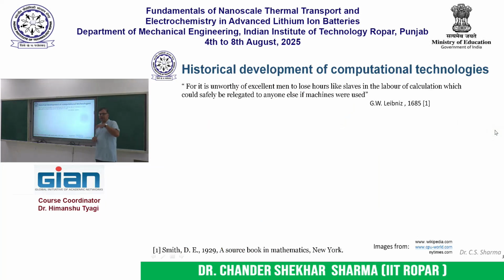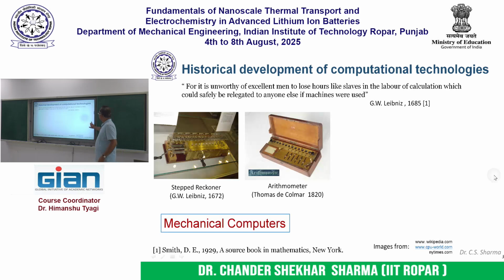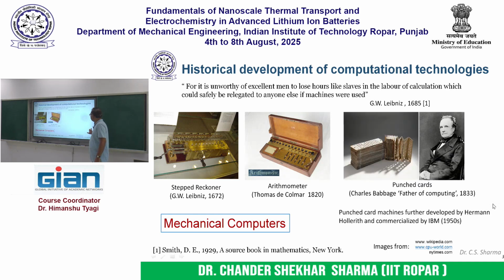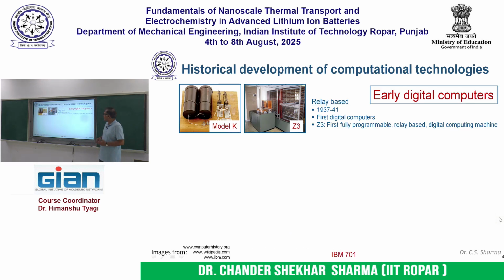So we can trace back the development of these computing systems to as far back as mechanical computers in the 1600s and the 1800s, then leading to punch card based devices, okay, which became very popular, and IBM commercialized them in the 1950s and 60s.